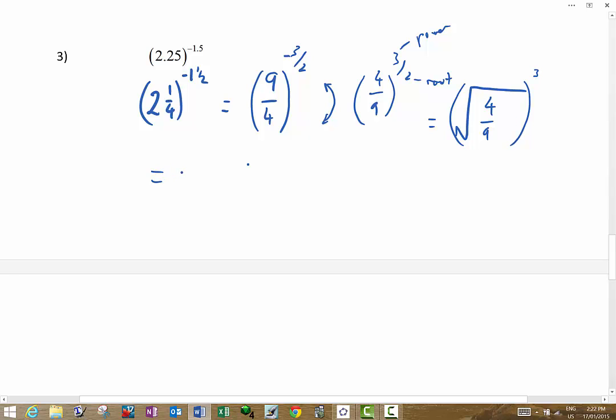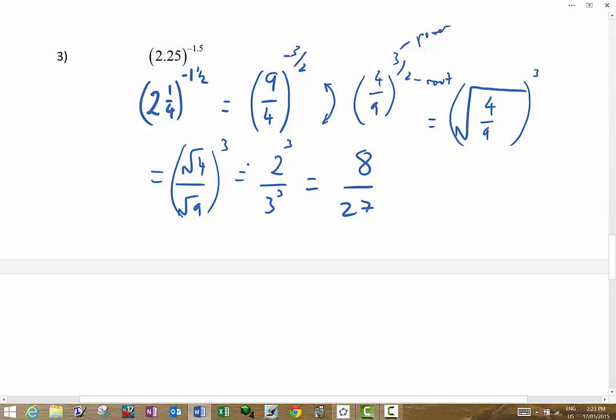We should recognize that the square root of 4/9 is the same as the square root of 4 divided by the square root of 9, and then we're going to cube the answer. The square root of 4 is just 2, and the square root of 9 is just 3, so the final answer is 8/27.